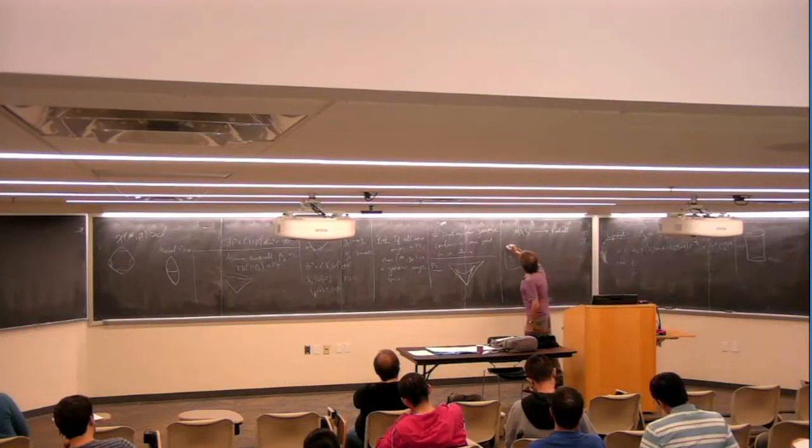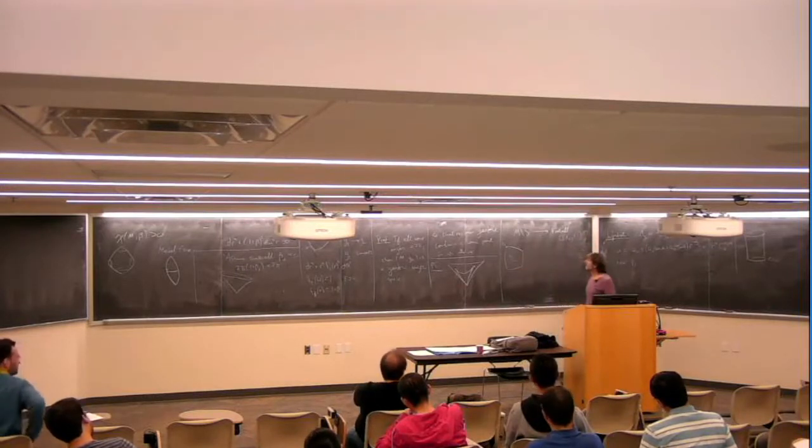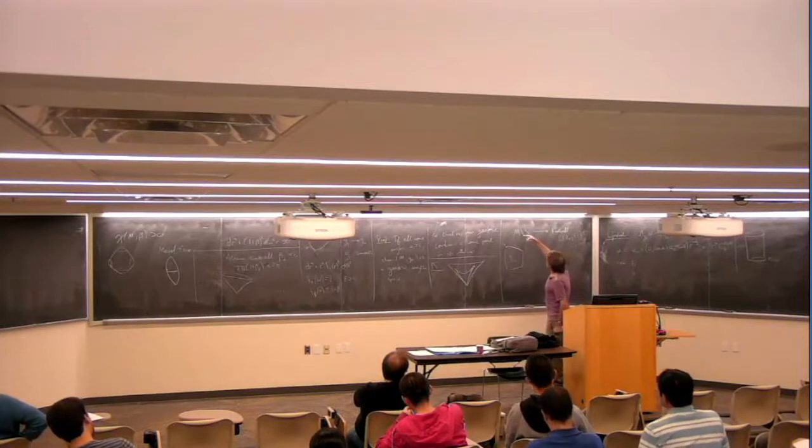I pick my favorite cone point, say Pj, and the cone angle is 2 pi times 1 plus beta j. This is the football I'm going to call C of beta j, with curvature plus 1. It's the football with cone angle 2 pi times 1 plus beta j and curvature plus 1. Here I did not say properly that I'm assuming I have a metric of constant positive curvature, so K of g0 is identically equal to plus 1.